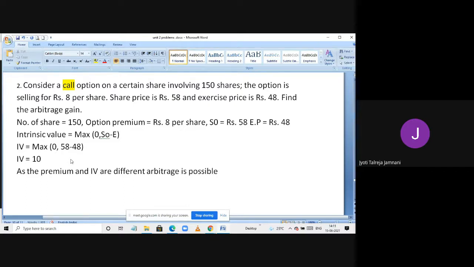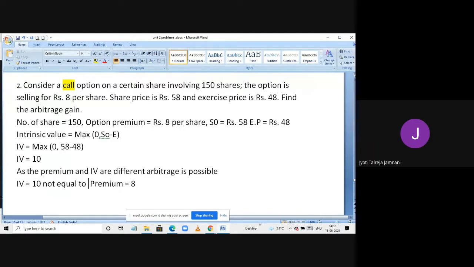Okay, and what we're doing now is we are comparing. So intrinsic value is 10 rupees and premium is 8 rupees. Okay, so I'll write here intrinsic value is not equal to premium.